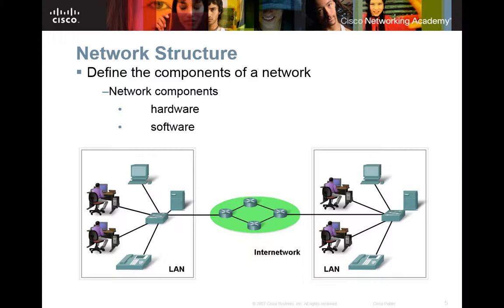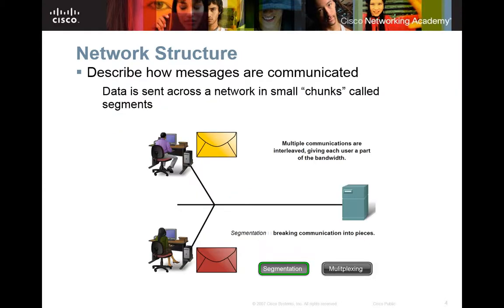The different components of that are hardware and software. Let me go back over here to multiplexing. What does it mean? It means I can send multiple traffic over at the same time, and they can be overlapping.